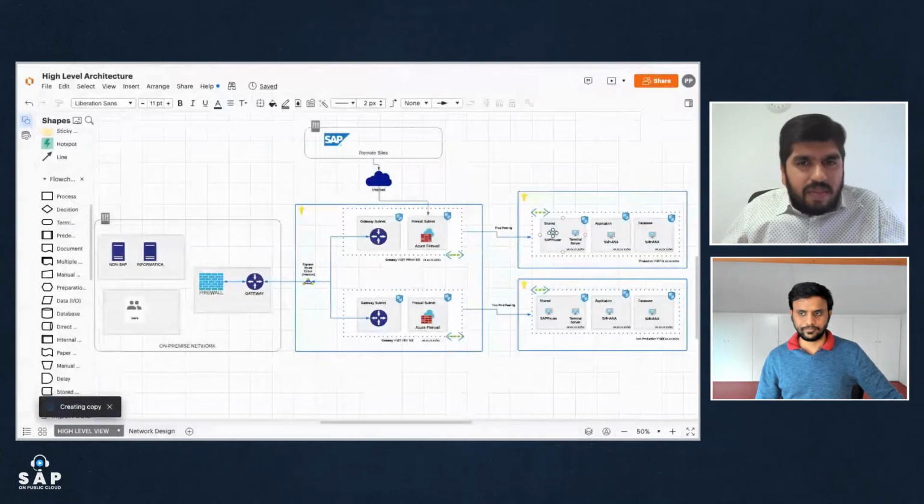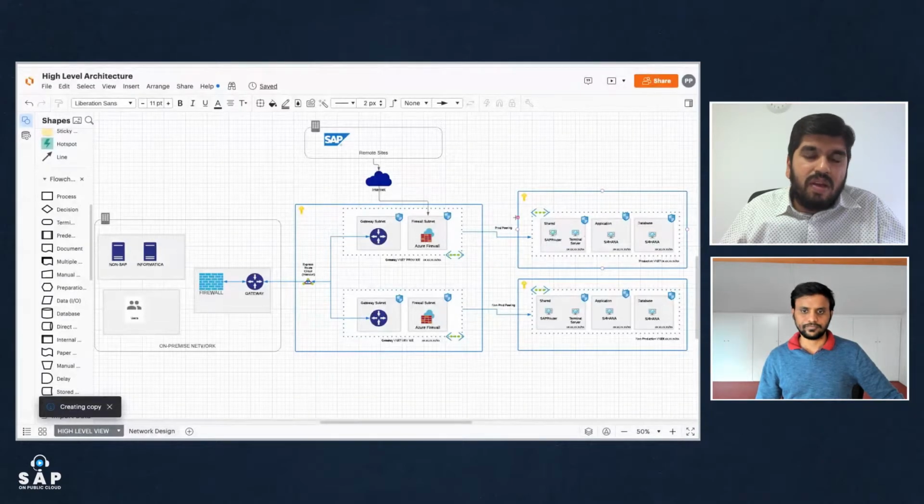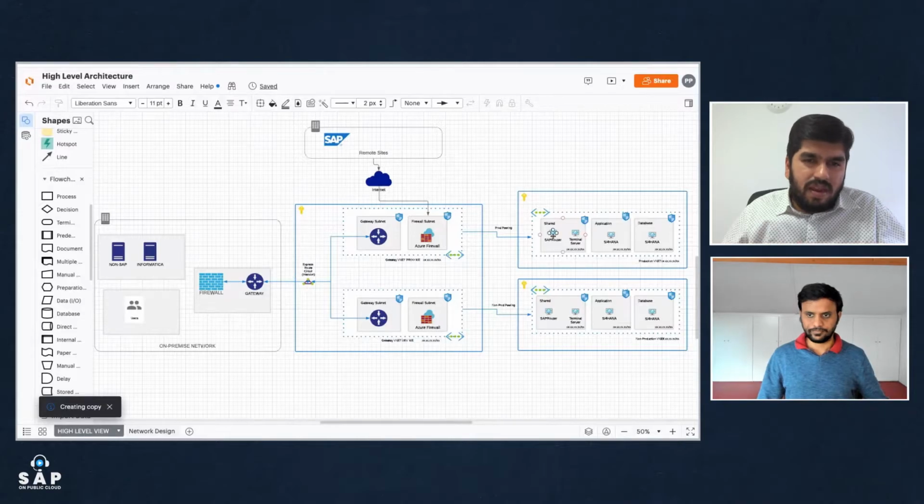Now, the common topology that Microsoft advocates is the hub and spoke topology. The spokes are your SAP workloads and non-SAP workloads, and the hub is where your central services sit.